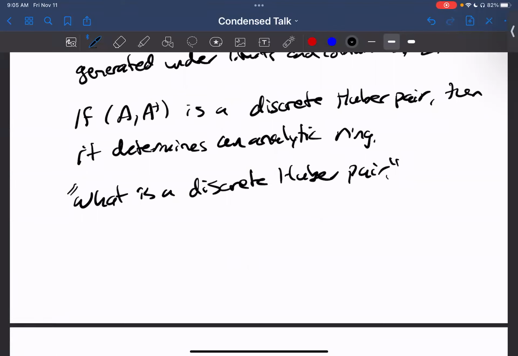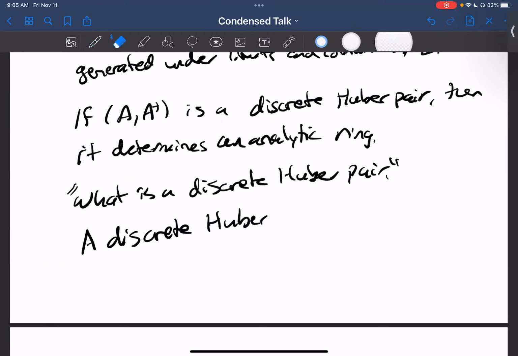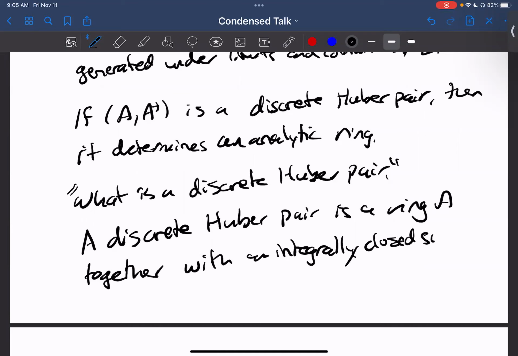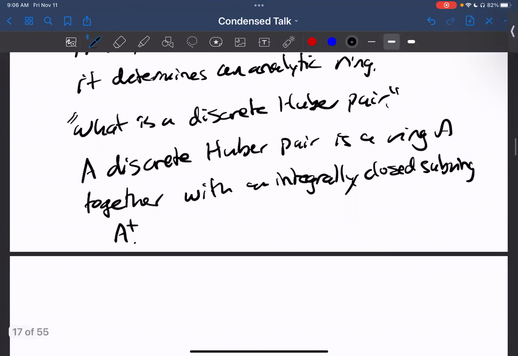So a discrete Huber pair, I say discrete here because we're talking about discrete rings, is a ring A together with an integrally closed subring A+. So what we should think of this as is A is going to be some ring and A+ is its ring of integers.